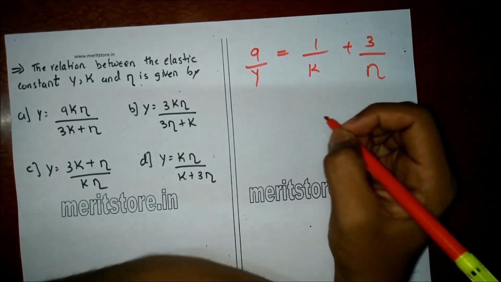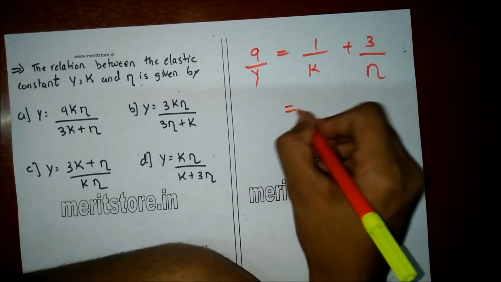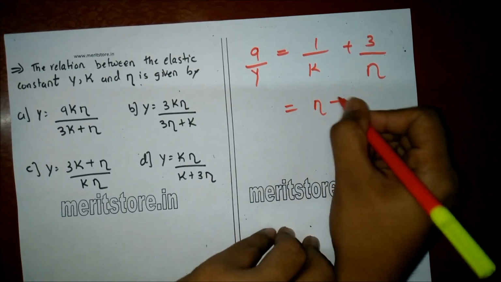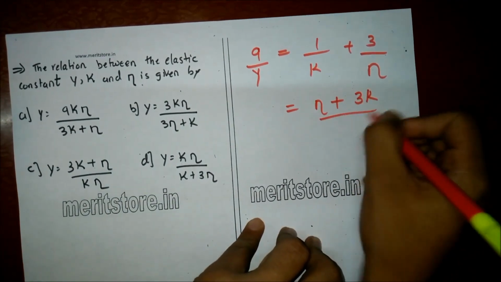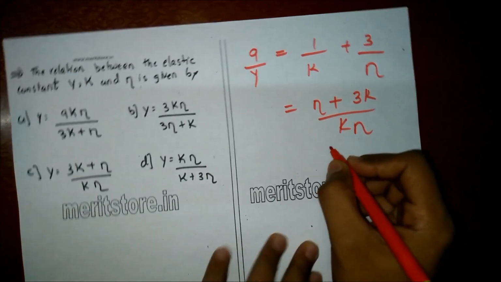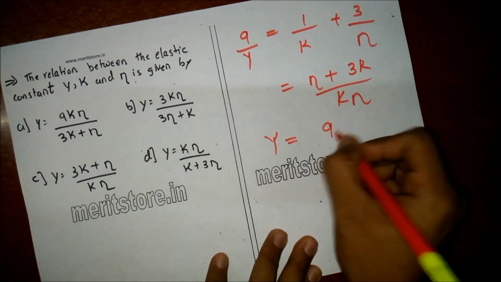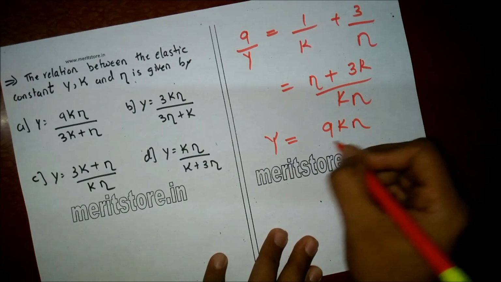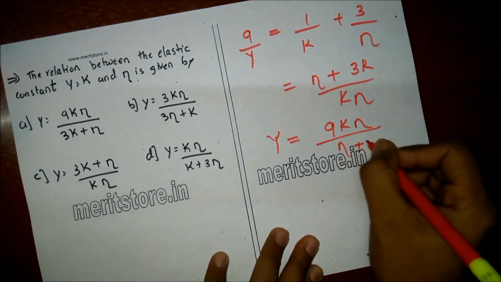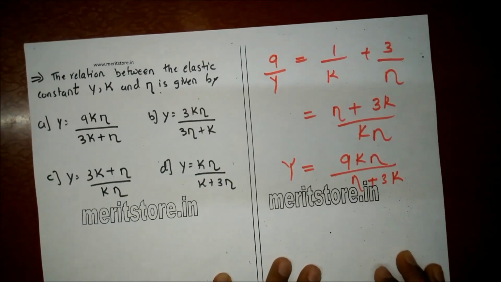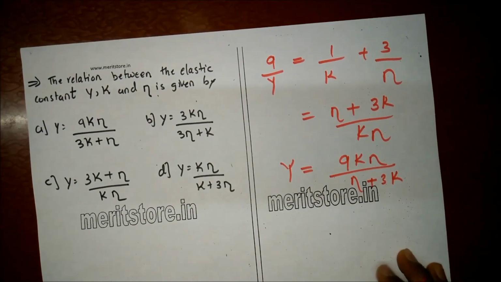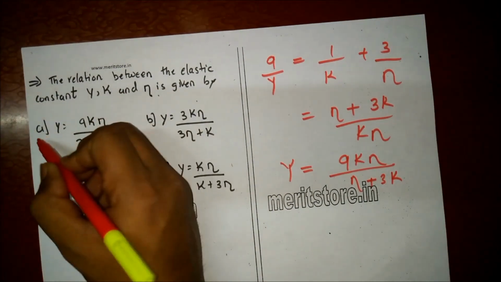Therefore, on multiplying both sides, we'll get eta plus 3K upon K eta. Therefore, Y will be equal to 9K into the modulus of rigidity upon eta plus 3K. Therefore, here the correct answer will be option A.